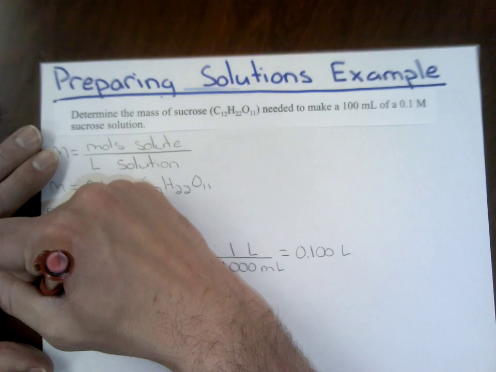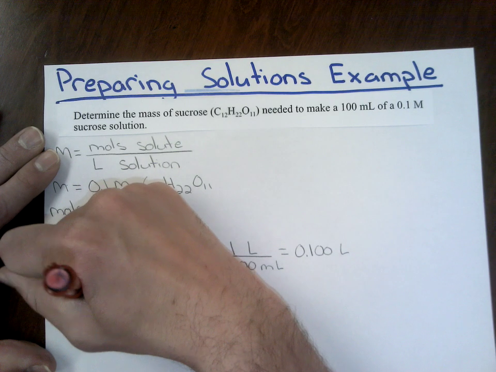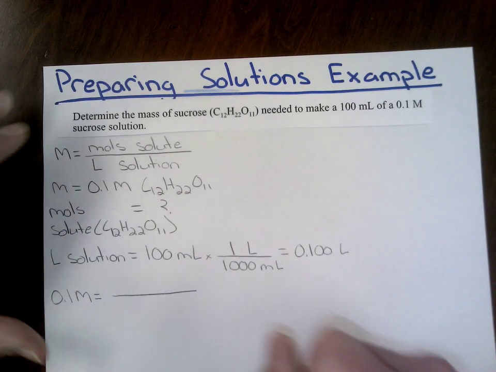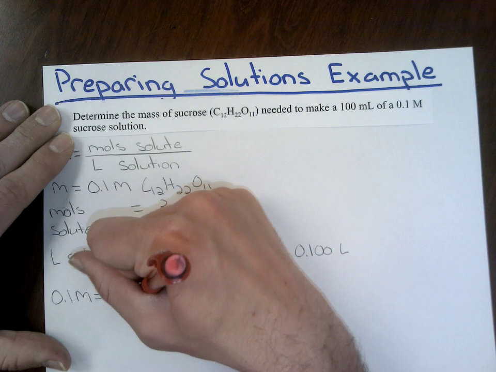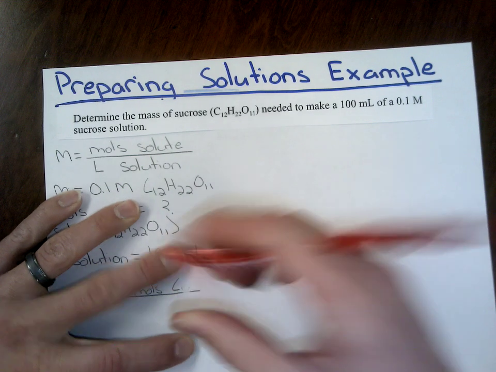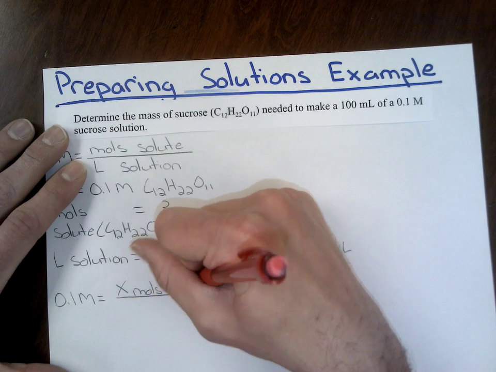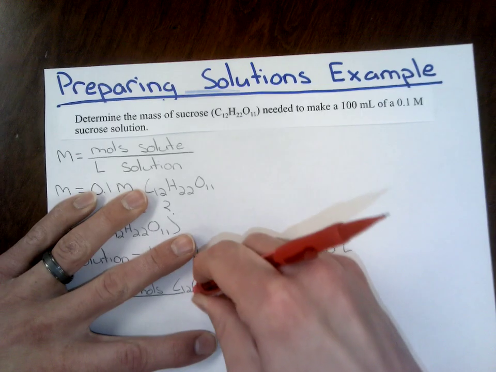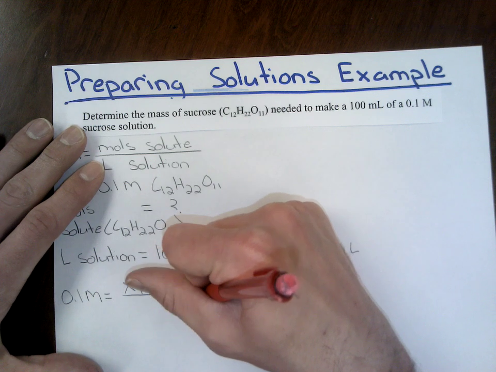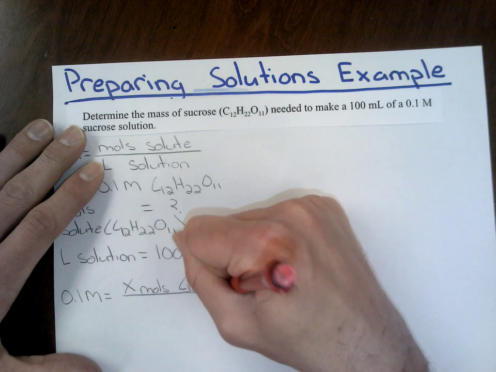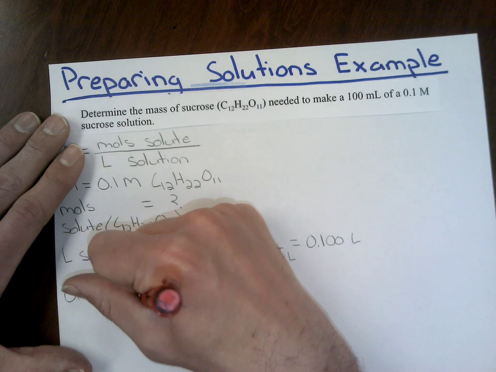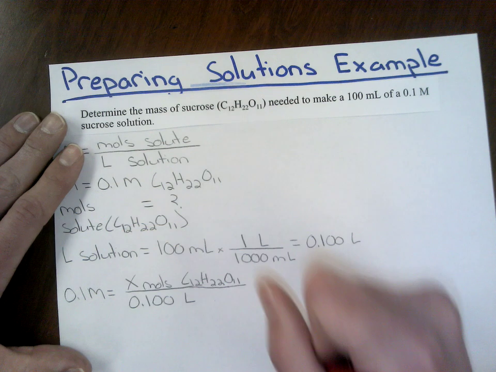So here we go. We have 0.1 molar, which is equal to the moles of our solute, which we don't know. I'm going to label it as X moles of sucrose, C12H22O11, divided by our liters of solution, which we just calculated to be 0.1 liters of solution.